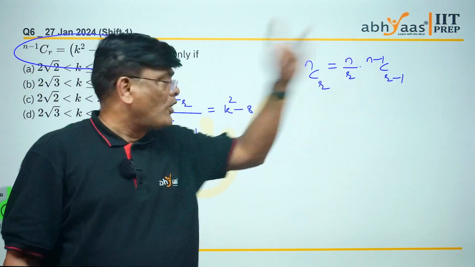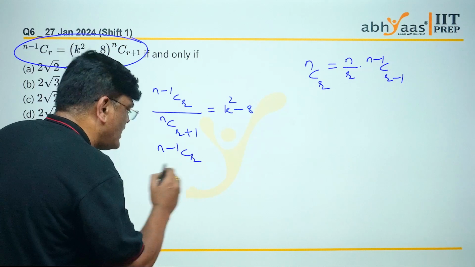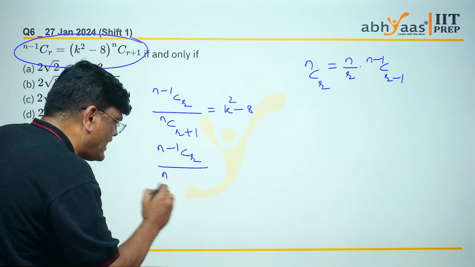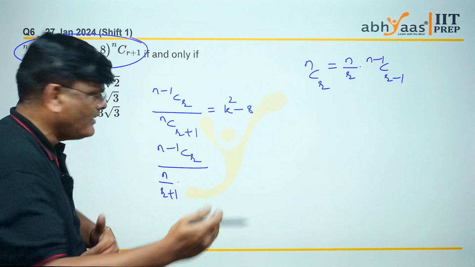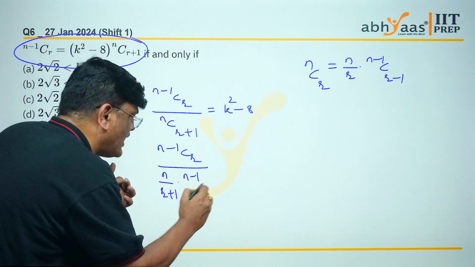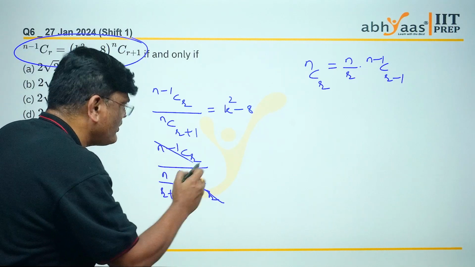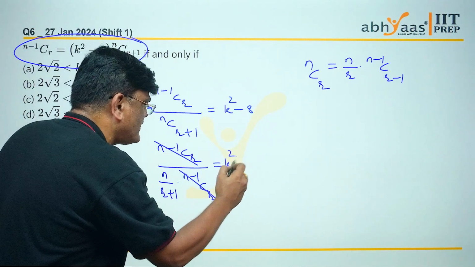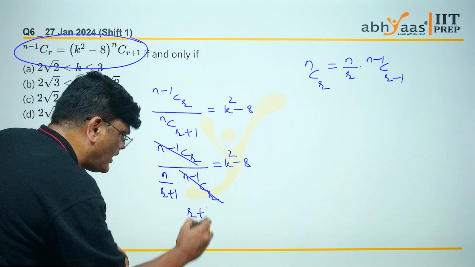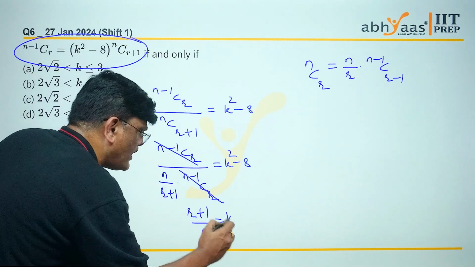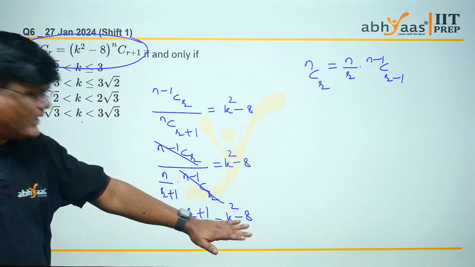Now I can write it as N by R plus 1 into N minus 1 CR. Now this and this cancel, equals K square minus 8. After cross multiplication, R plus 1 by N equals K square minus 8. So I finally got this equation.